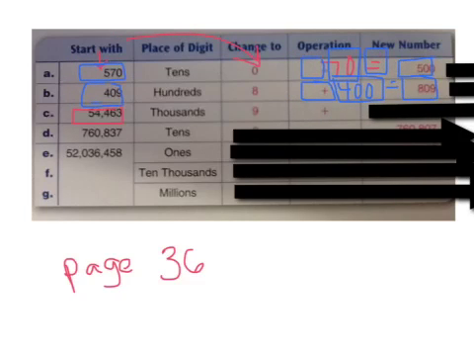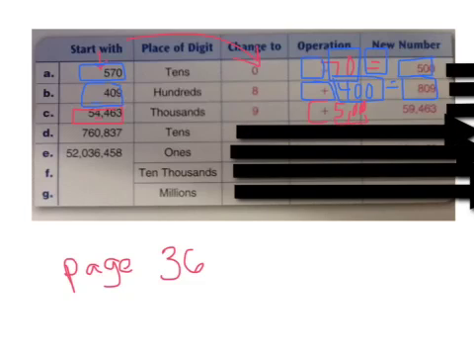How much are we going to add to make the thousands place a 9? Right, we're going to add 5 to the thousands place, or 5,000. So on your calculator right now, you're going to press plus 5,000. And let's see what that equals. You should get 59,463.